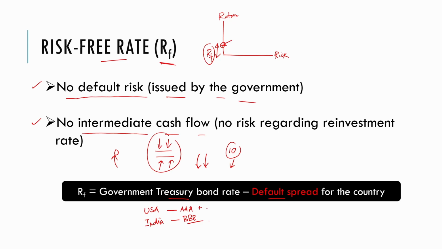So the reliability of the bond in the two countries is different, and therefore a default spread should be taken out from this treasury bond rate in order to calculate the risk free rate for any country. For countries having a higher rating for the 10 years bond, the default spread should be very little. We will see that after some time.